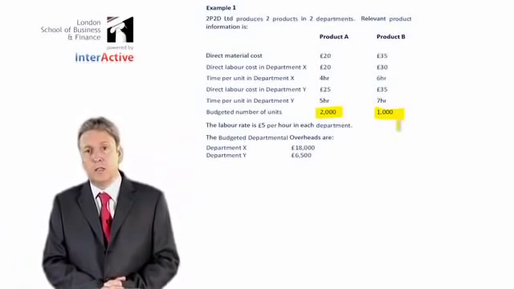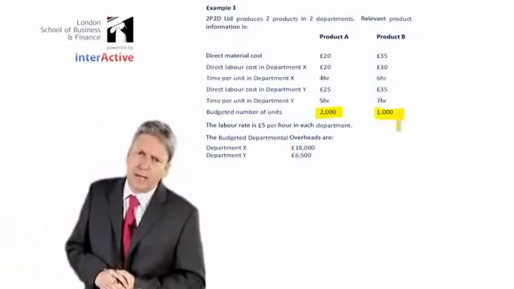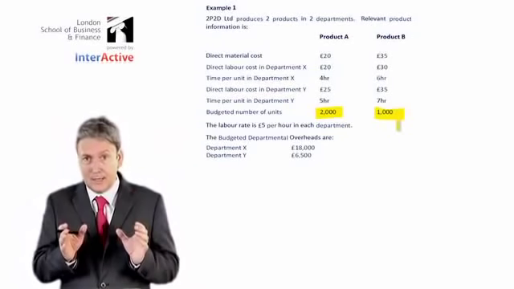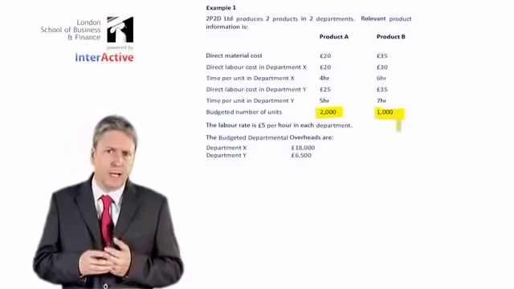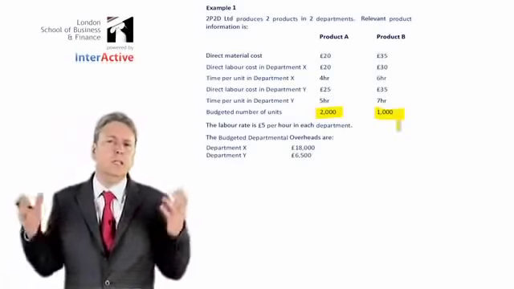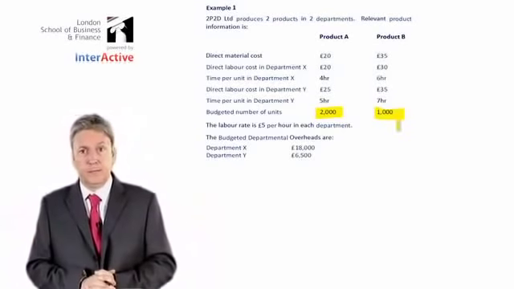We could just spread the overhead over the units. But of course, this really only makes sense if the units are similar in size and similar in value. So we don't normally do that. We need some other bases to link our overheads.